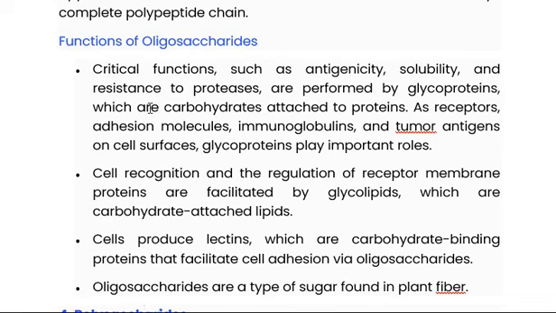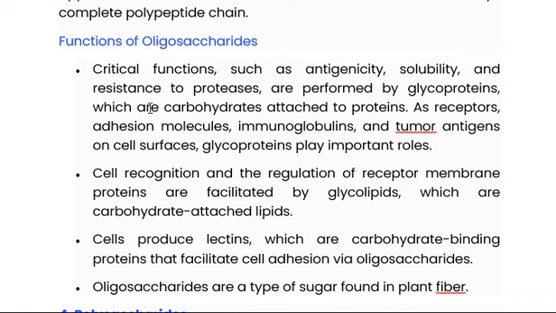Number one, critical functions such as antigenicity, solubility, and resistance to proteases are performed by glycoproteins, which are carbohydrates attached to proteins.